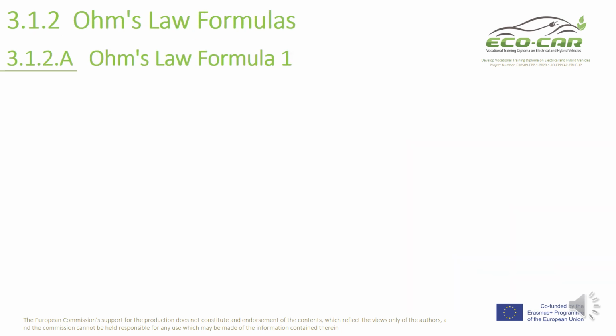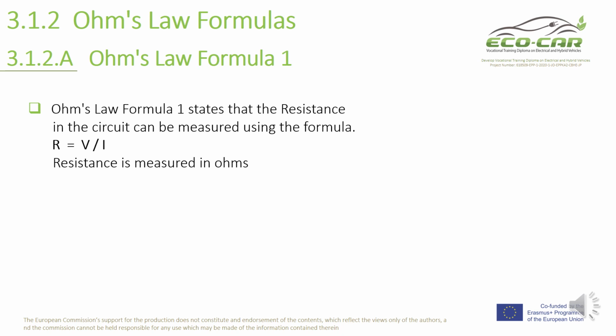Ohm's law formulas. Formula number 1. Ohm's law formula 1 states that resistance in the circuit can be measured using the formula R equals V divided by I, the current. And resistance is measured in ohms, as we see in this figure.